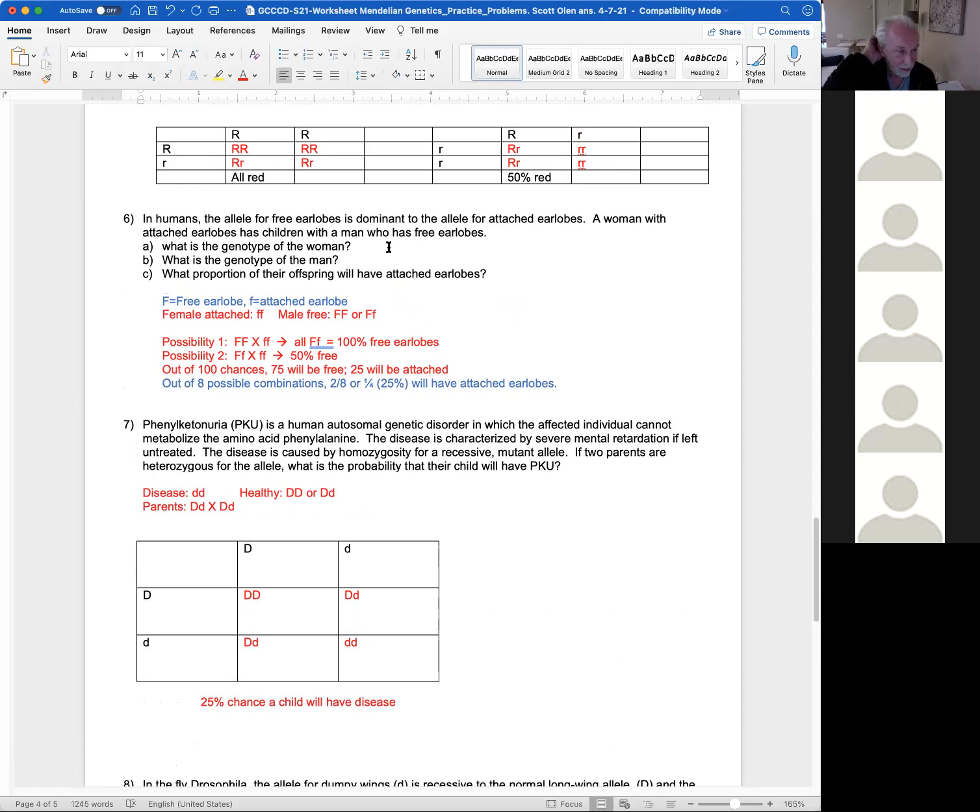Well, the woman has attached earlobes, and the allele for free earlobes is dominant. So that means if she's got attached earlobes, what is her genotype?